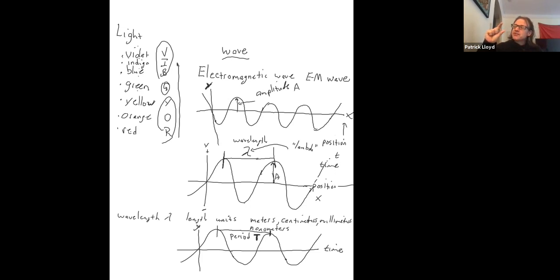So if something has a long period, so it's really slow vibration, it's taking a long time for that to happen. The number of vibrations occurring in a given amount of time is very low, right? It's a very slow vibration. We call that measure of the vibrations the frequency.